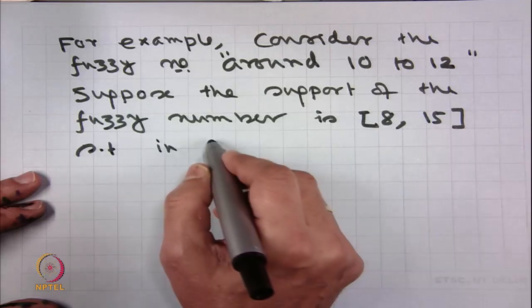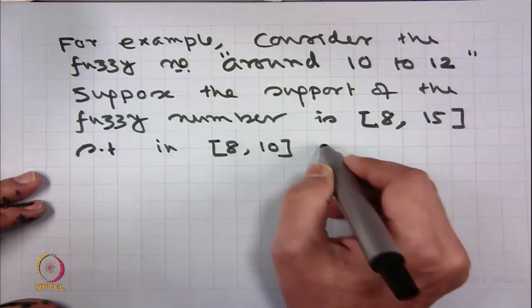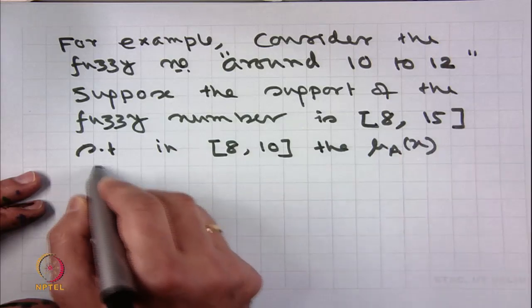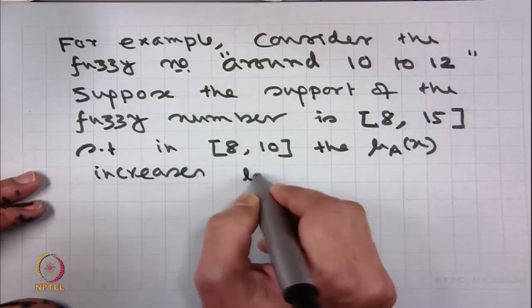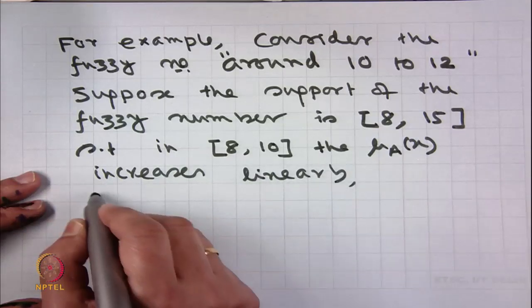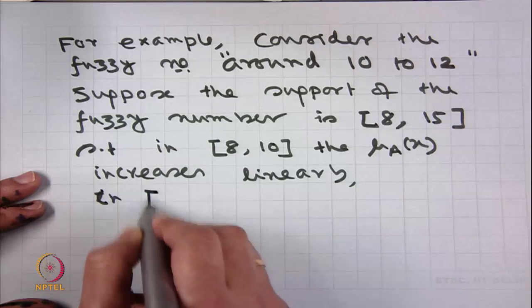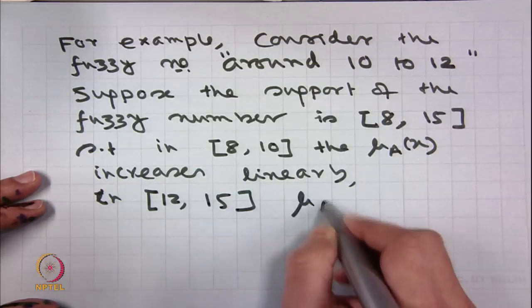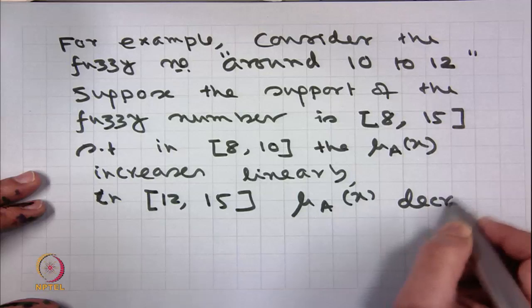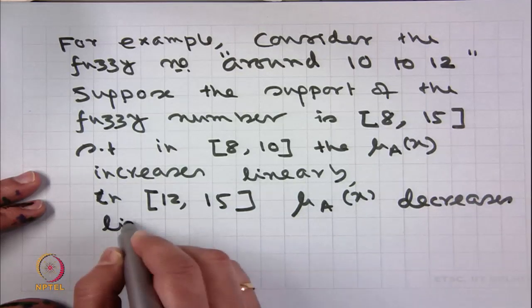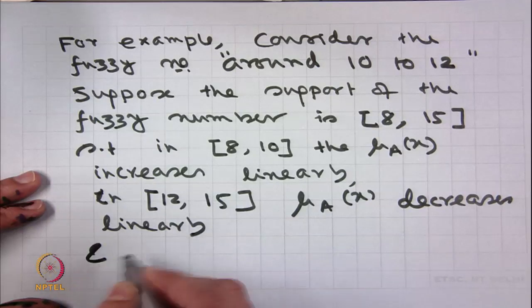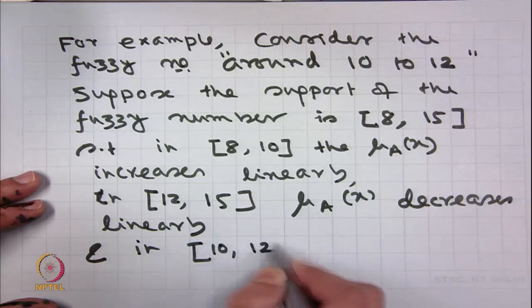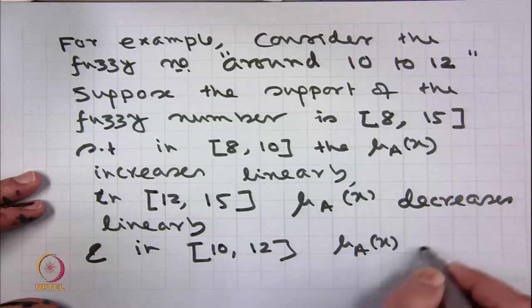in 8 comma 10 the mu a x increases linearly, in 12, 15 mu a x decreases linearly, and in 10, 12 mu a x is equal to 1.